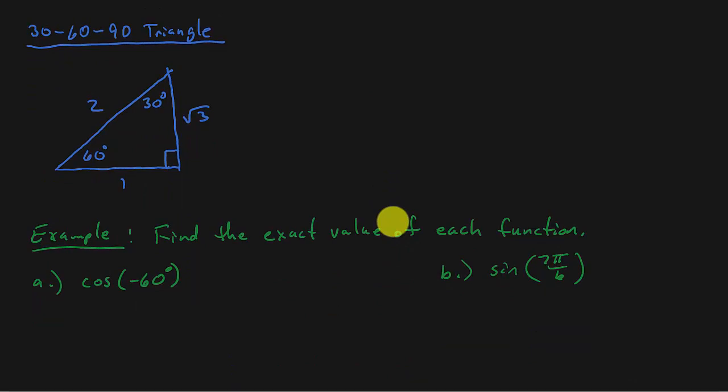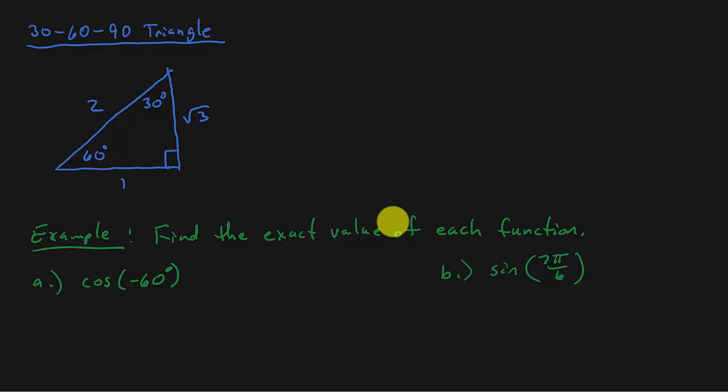All right, so that was the 45, 45, 90 triangle. Now let's look at the 30, 60, 90. If you want to, you can search my channel for 45, 45, 90 triangle and 30, 60, 90 triangle. I have videos on just that, and they go into more detail than what I'm doing here.